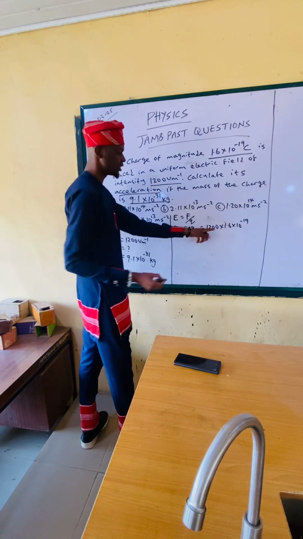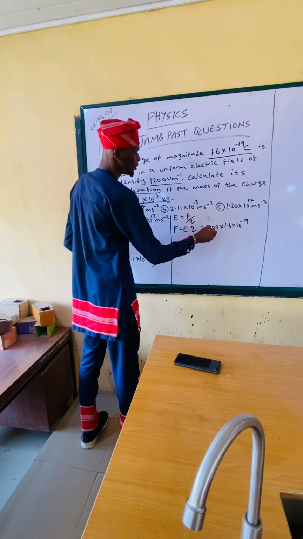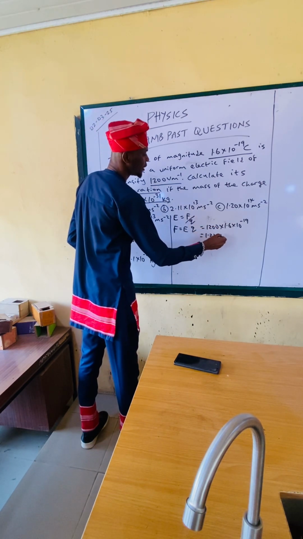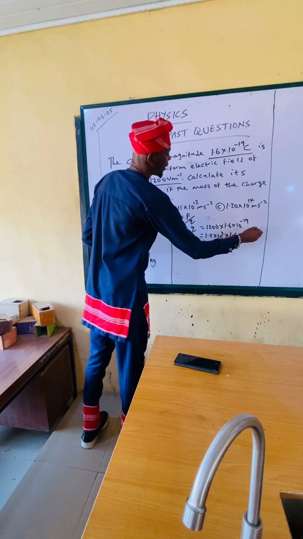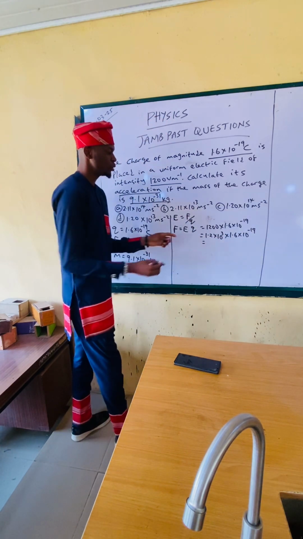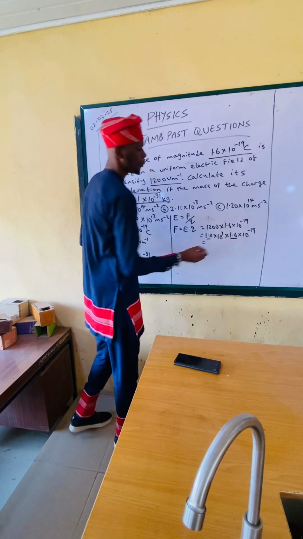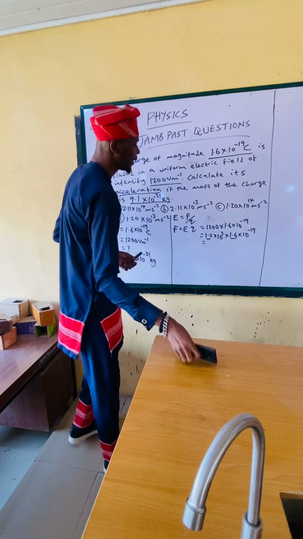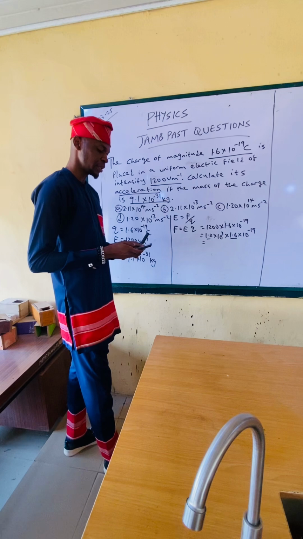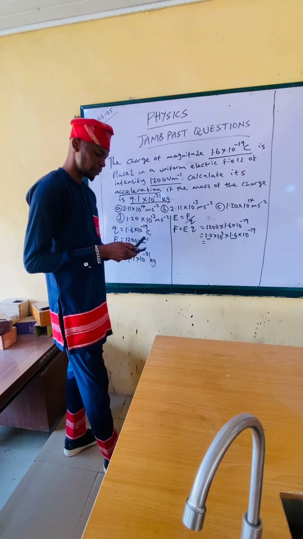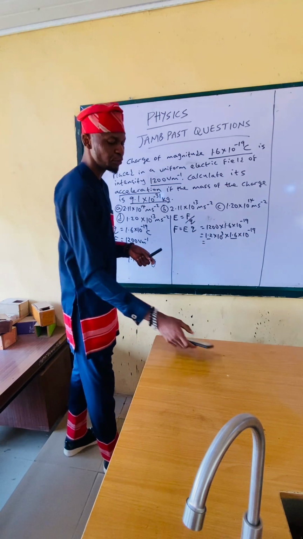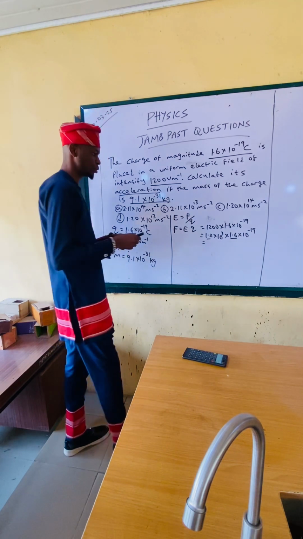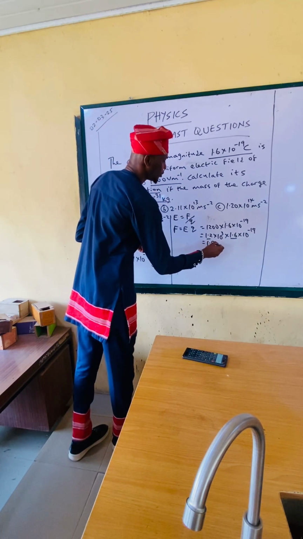If I put this in standard form, that's 1.2 times 10 raised to power 3 multiplied by 1.6 times 10 raised to minus 19. So I'm going to multiply 1.2 and 1.6, which gives 1.92.